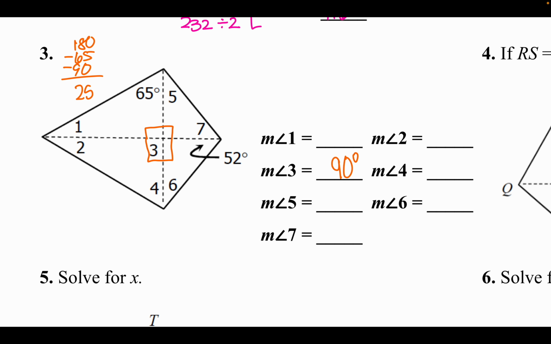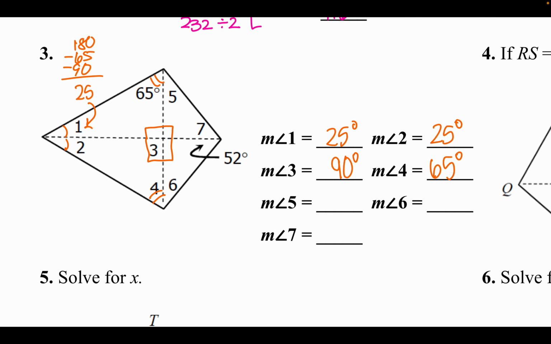So we get angle 1 is 25 degrees. And we know angle 1 and angle 2 are congruent, so 2 is also 25 degrees. This angle right here, that's 65 degrees, and angle 4 are congruent, so 4 is 65 degrees.